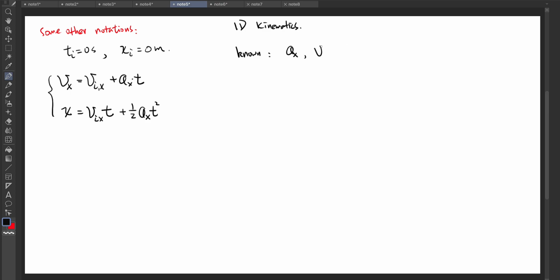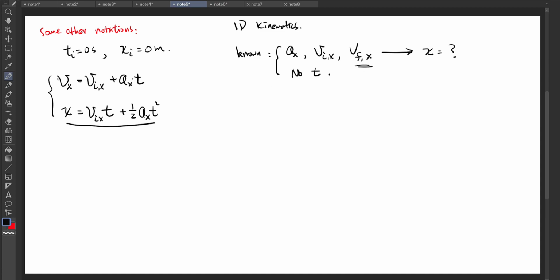So I know vix, v final x. So how can I get x information? So think about this situation. So there's no time. So that means that I cannot apply this equation, right? I cannot apply this one.